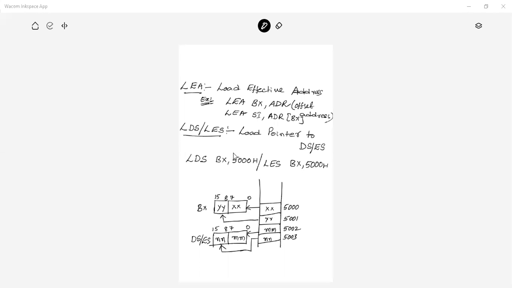Loading the offset address and loading the base address with the help of LEA and LDS. In LDS, we can copy the offset address and also the base address, whereas in LEA, we can copy the offset address only into the offset registers, and also segment base registers. It is segment registers.